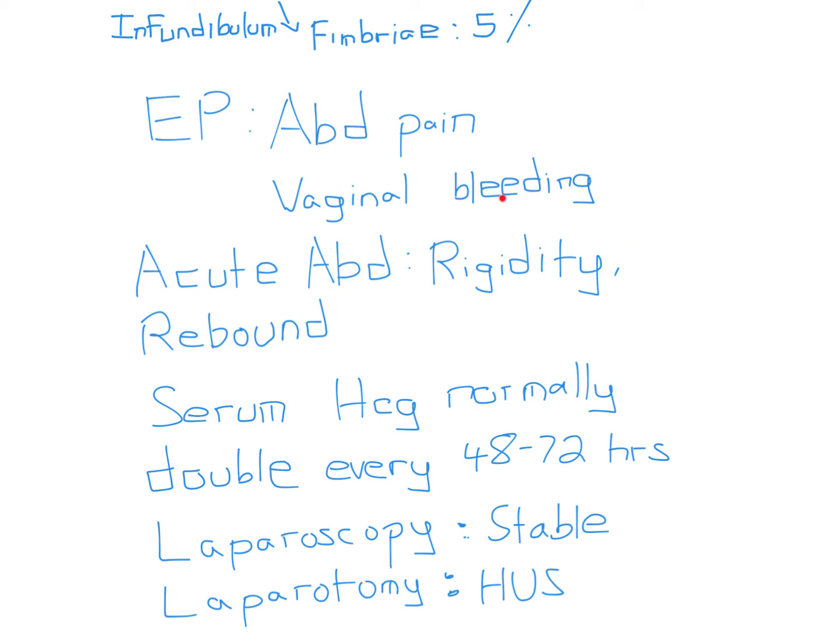So in this case, you have rigidity, and so rigidity is involuntary contraction of the abdominal muscles. So when you palpate the abdomen, it will feel very hard because the patient's involuntarily contracting all those muscles. Rebound is the fact that it's so painful that when you let go, the pain will be significantly worse.